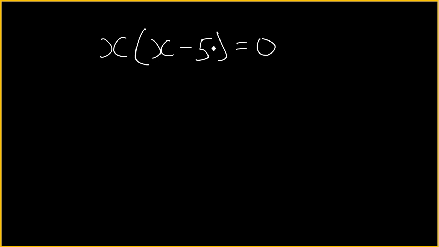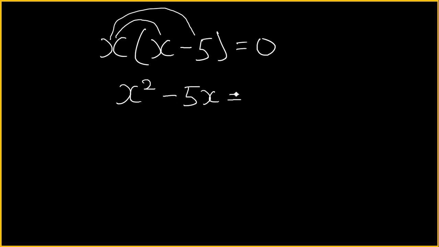This same equation could be expanded by taking off the bracket, which would be x multiplying x, that is x squared, and x multiplying negative 5, that is minus 5x, equals 0.